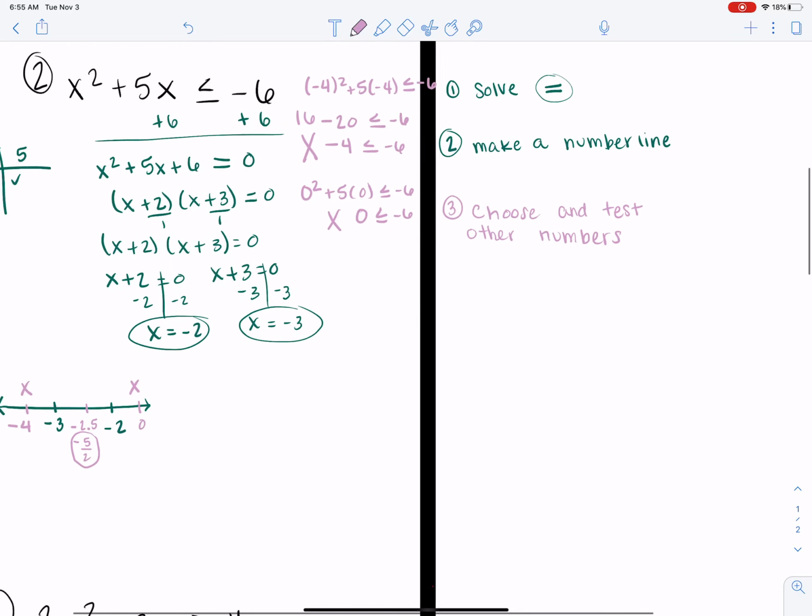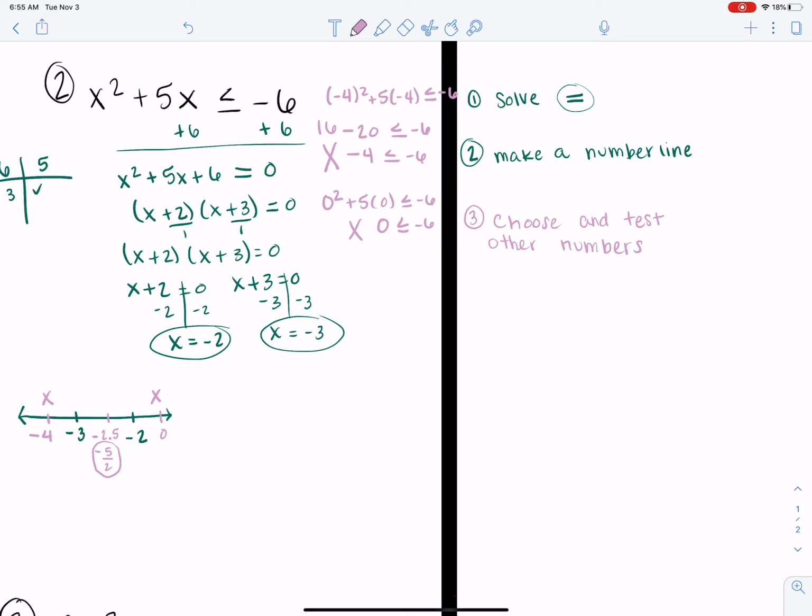So if I take -5/2, we're going to put it in parentheses. -5/2 squared plus 5 times -5/2.